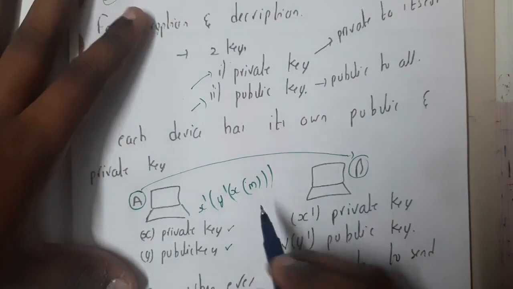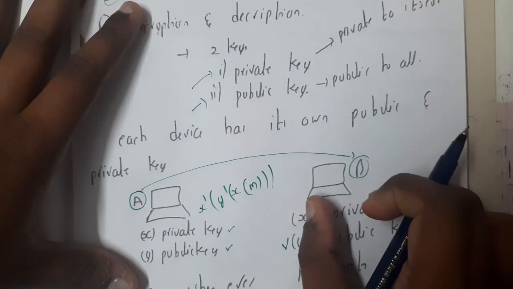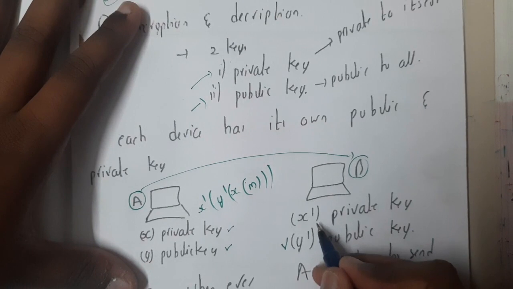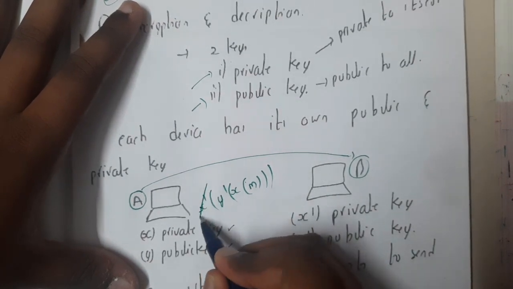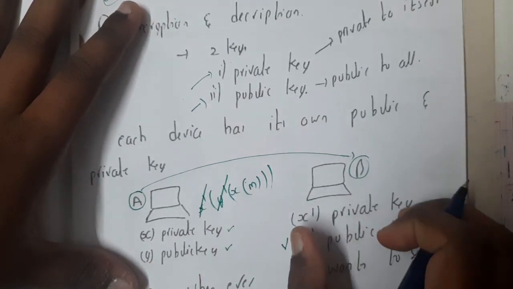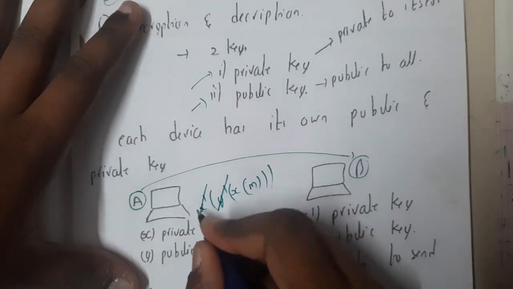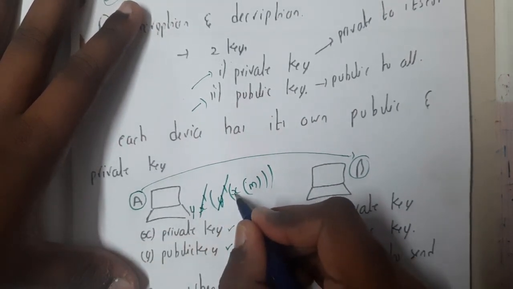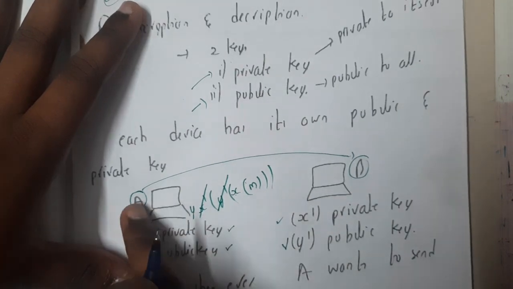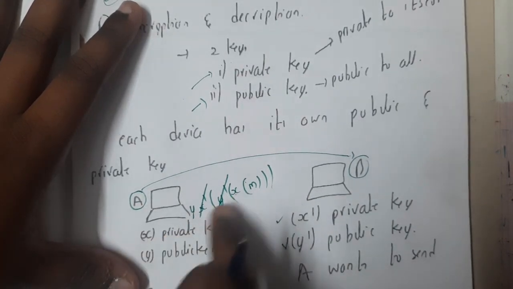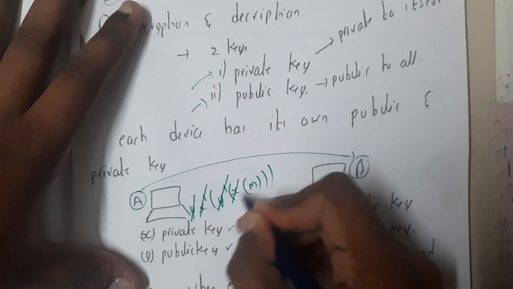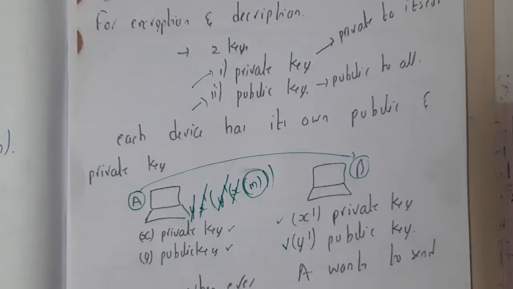So if you observe, once the message is received by B, he will multiply with his private key. Indirectly these two will cancel each other off. Once that is done, he will multiply with Y's public key, which is A's public key, and it will be multiplied with A's private key, and these two will also cancel. At the end, he will end up with the message.